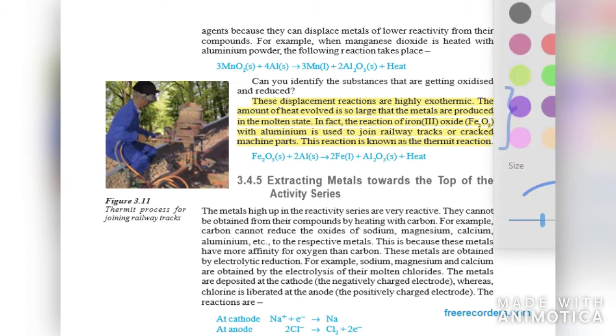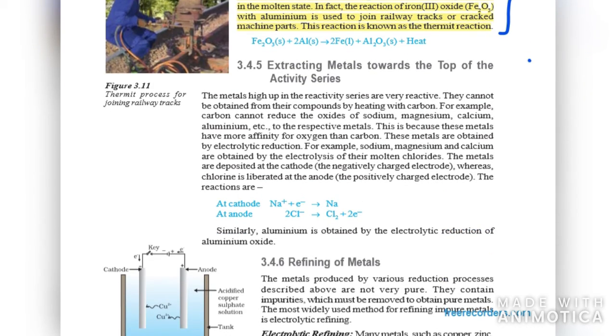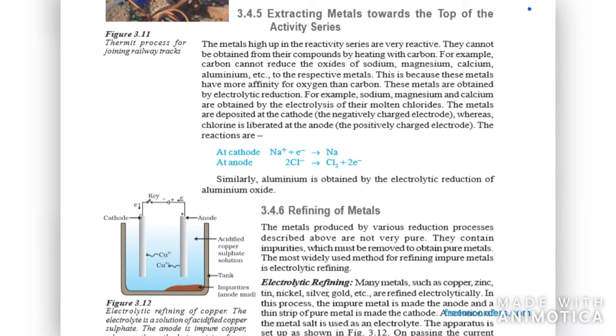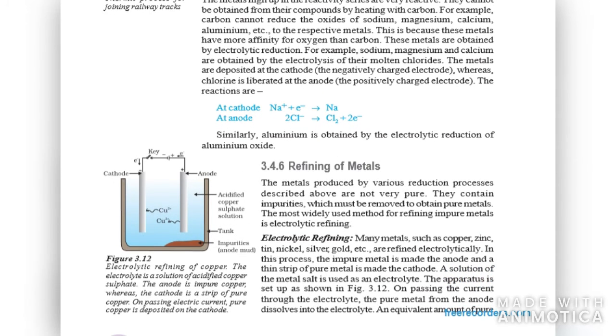Then we have extracting metals towards the top. The top of the reactivity series, as you know, has the most reactive metals. So we have to do it with the help of electrolysis. This is for copper. As you can see, they have taken copper sulfate solution in molten state.